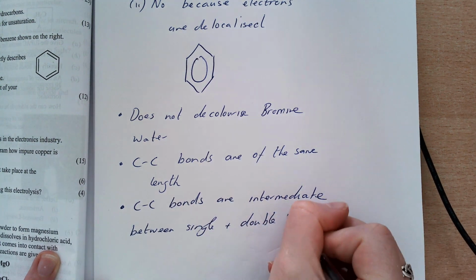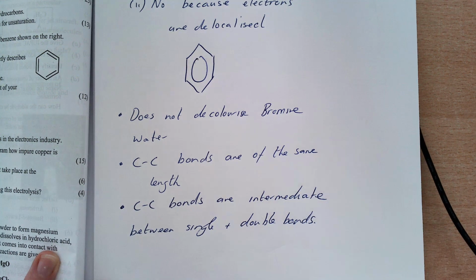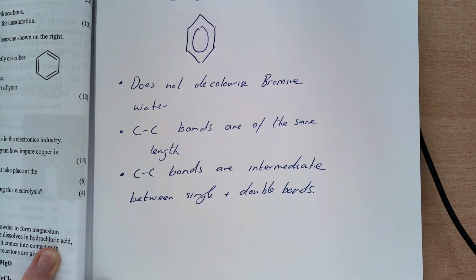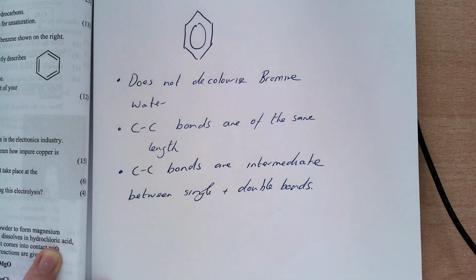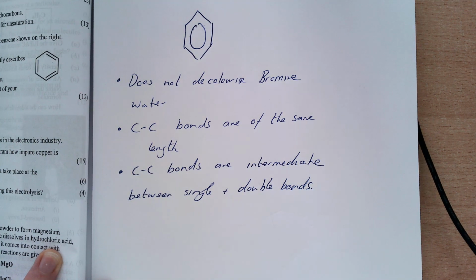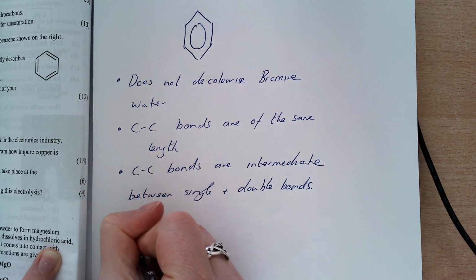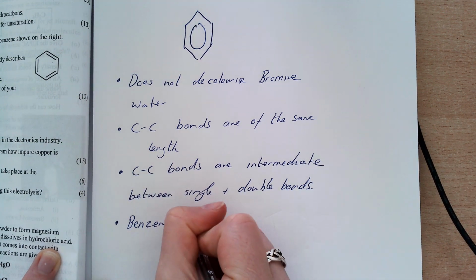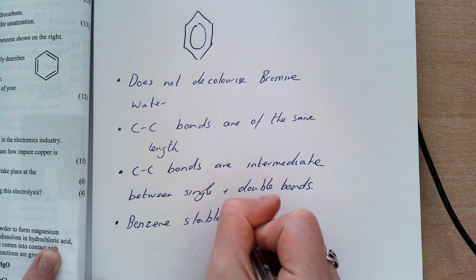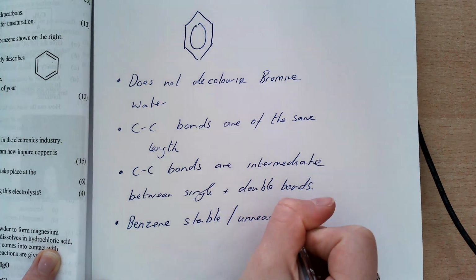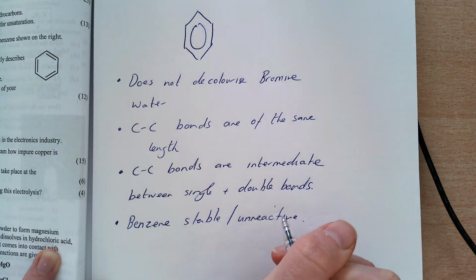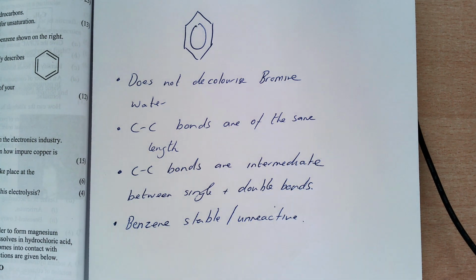They're not a value for a single or a double bond, instead they're a value in between those. Finally, or the next thing, again, benzene is stable, unreactive. That would also get you your marks. There's loads of examples there, but they are the biggest ones.